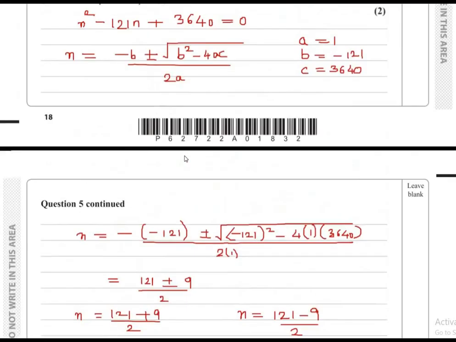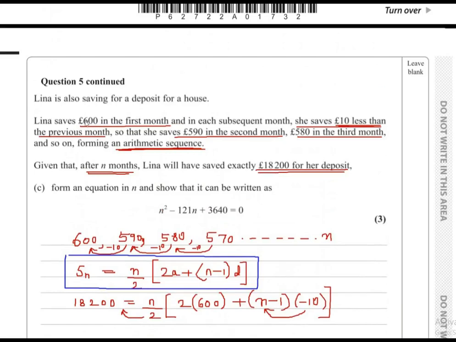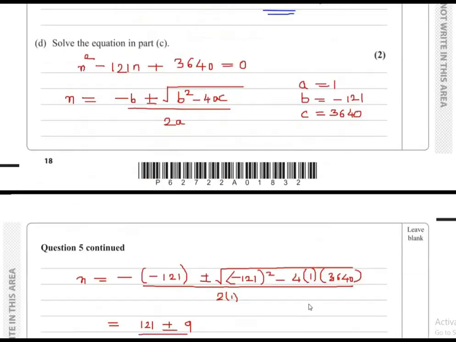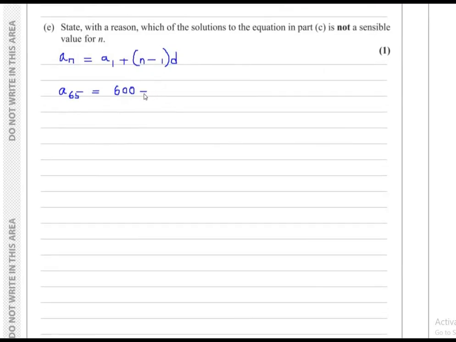The question has mentioned it. You can see in the first month she has saved 600 pounds and in the second month she has saved 590 pounds. So the difference between each month we have got it as minus 10. Let us substitute here 600 plus, and we have taken it as 65 minus 1, and the common difference was negative 10.